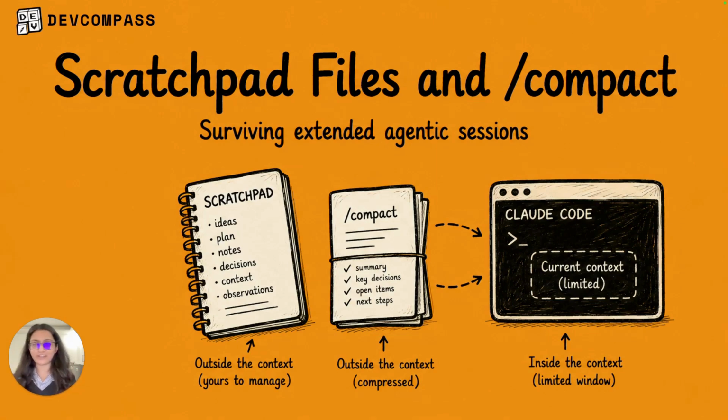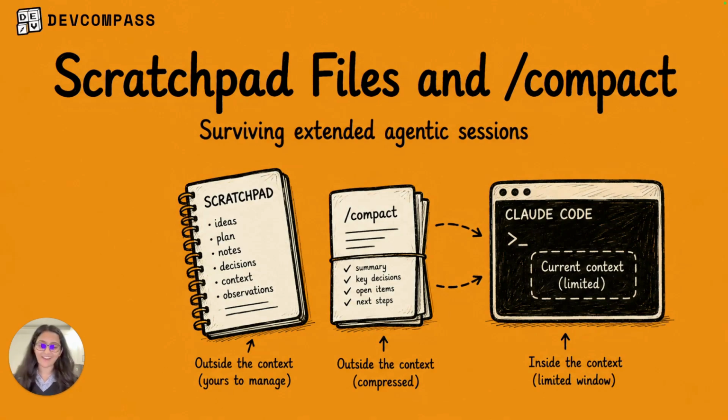Then the session crashes. No state saved, nothing to resume from, the whole run has to start over. This isn't hypothetical. It's the specific failure mode for any extended agentic session on a large code base. So Scratchpad files and compact together are the solution, and this video covers both.